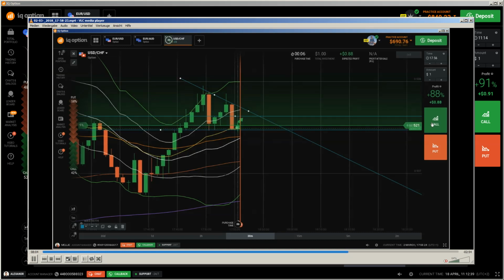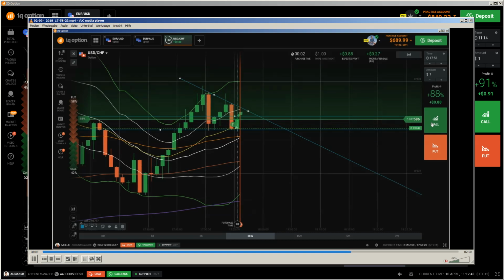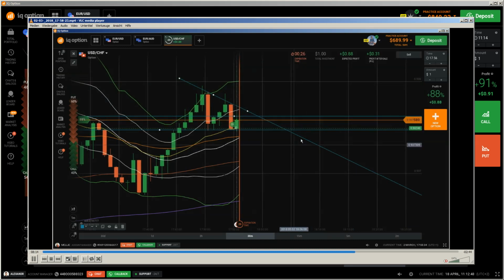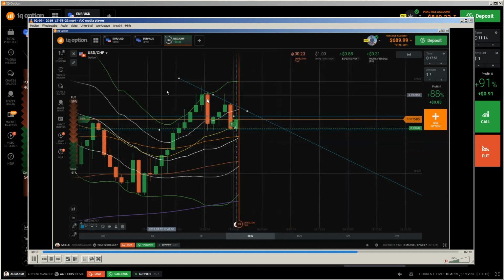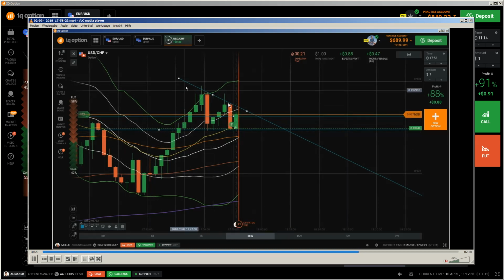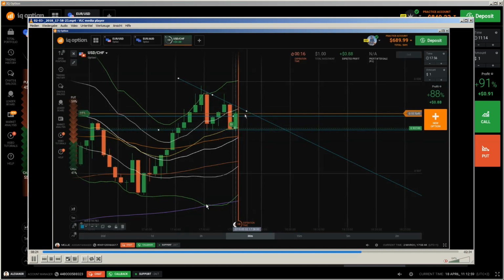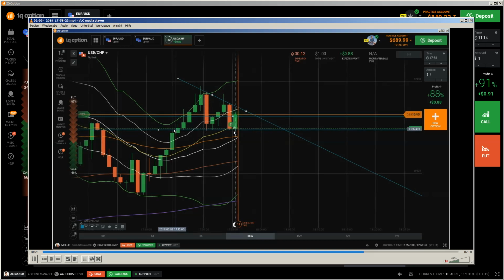I entered into a call, yes, you see, on the same level, because I was pretty much sure that this double top will not unfold because of this kind of movement here, because we got one huge candle and a 1, 2, 3 retracement, and that was the reason why I entered here into a call, because the alignment of the EMAs is telling that we are still heating up, yes, and that's the reason why this trading setup works out.